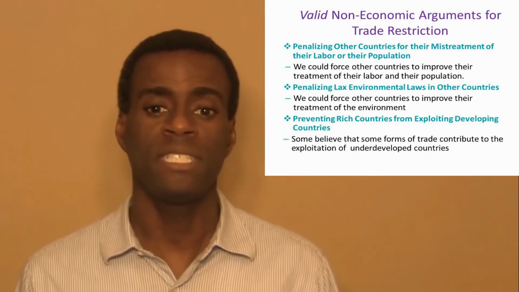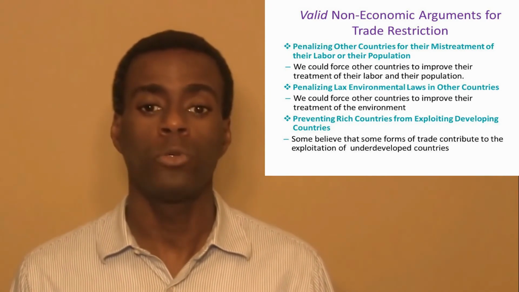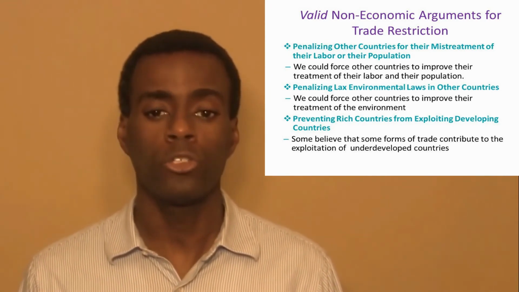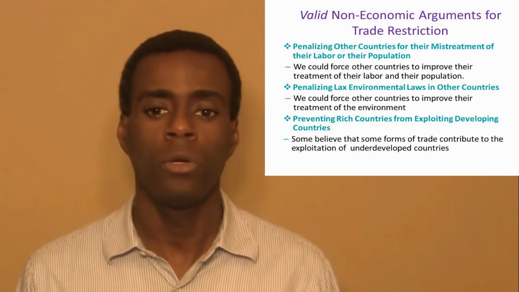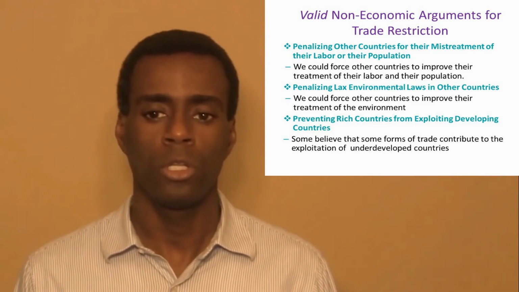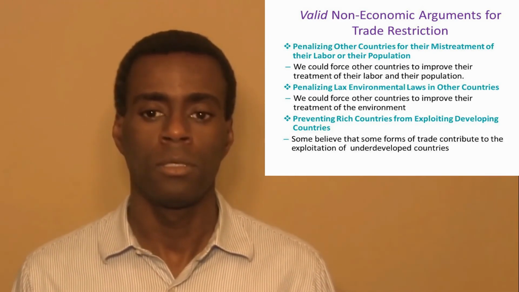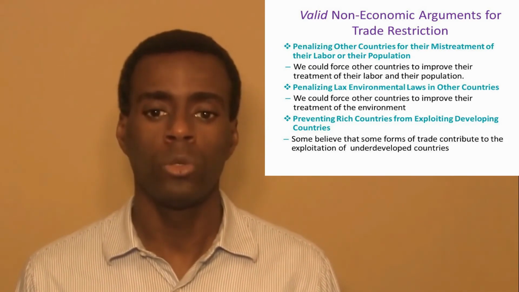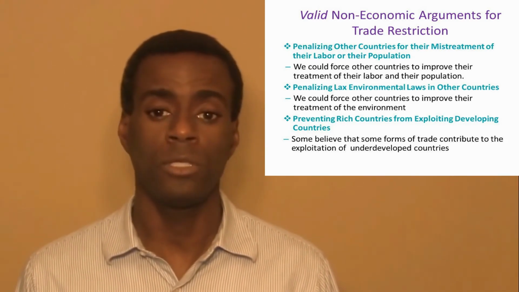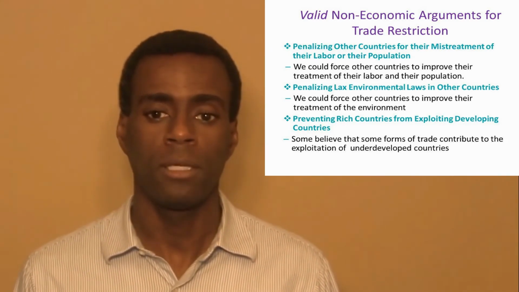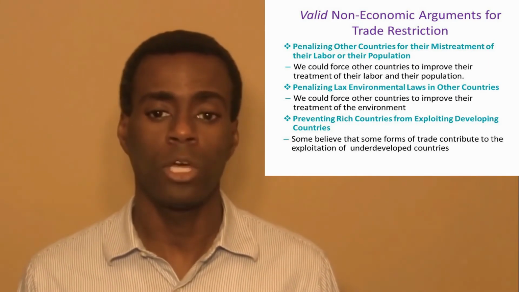Also, others have suggested that we impose trade restrictions on countries that do not follow environmental laws. This would also create an incentive for these countries to respect international environmental laws.